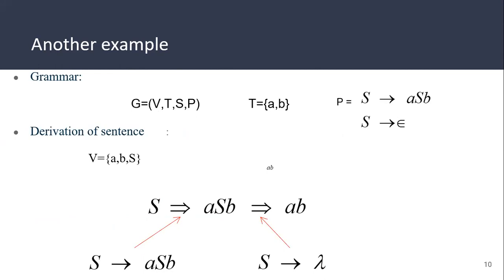Now we are talking about TOC. Grammar consists of 4 tuples. The 4 tuples are V, T, P, S, where V stands for variables, that is, whatever is on the left hand side of any production.